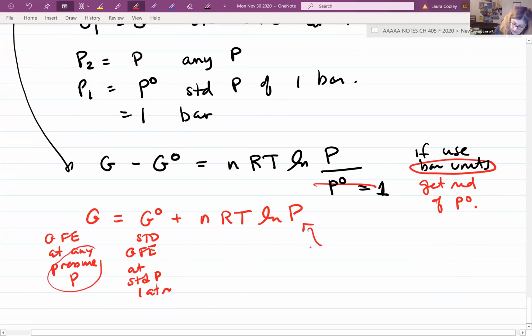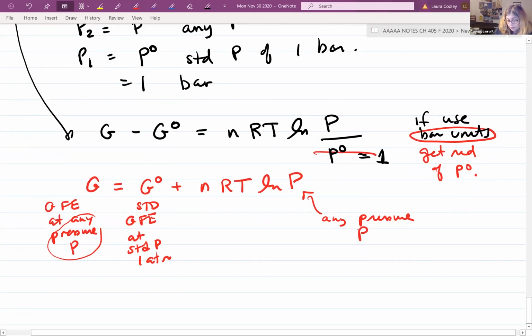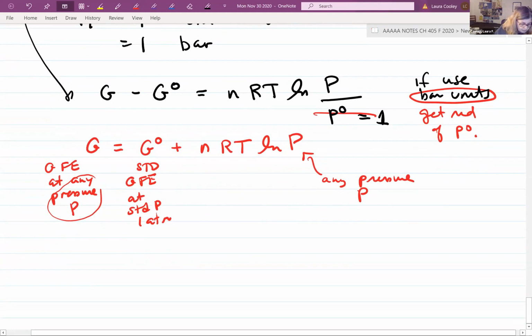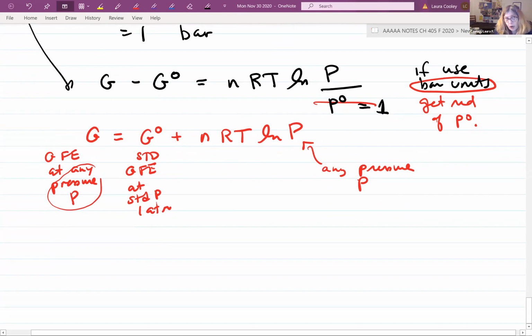This is the Gibbs free energy at any pressure. And the standard pressure doesn't even appear in this formula because it's equal to 1 and we canceled it out. So as long as pressure is in bar units, we can use this formula. So don't forget, P in bar.